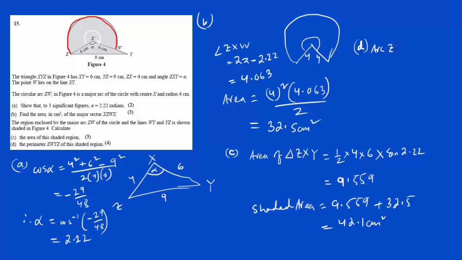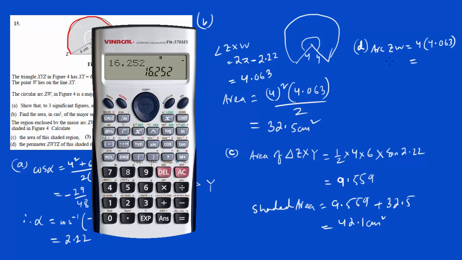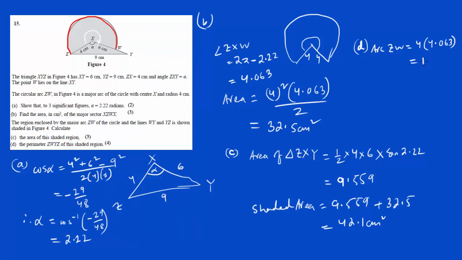Arc ZW equals r theta, the formula for arc length in radians. So r is 4 and theta of the major sector is 4.063. So this is 16.25.